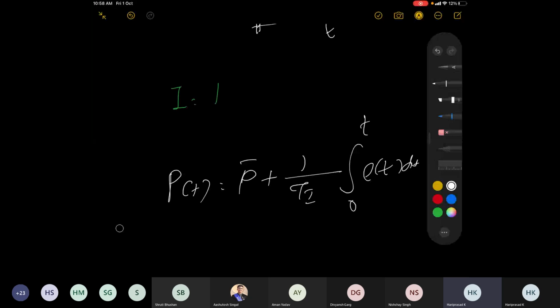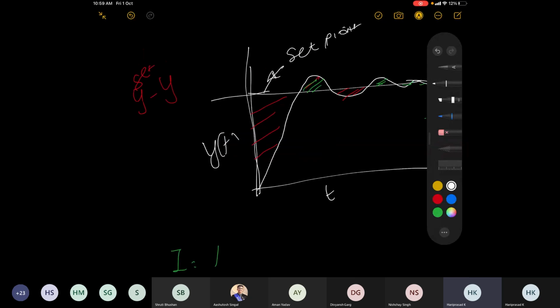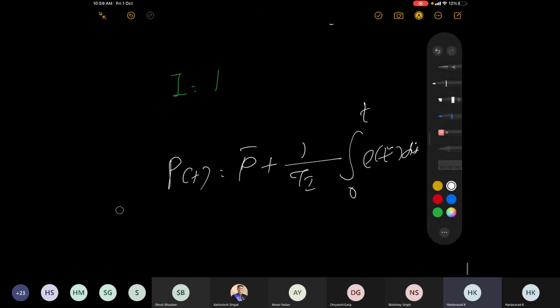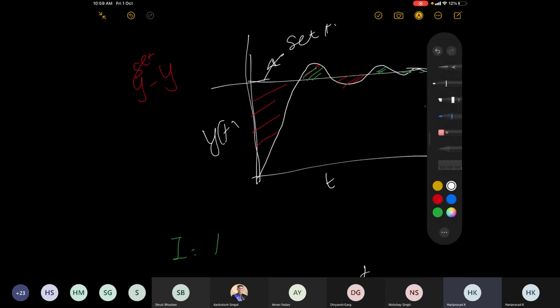If you want to use a dummy variable, you put a star and things like that. What I am trying to say is, you would never see this integral term vanishing to 0, because it would be positive, negative, positive, negative, positive, negative.